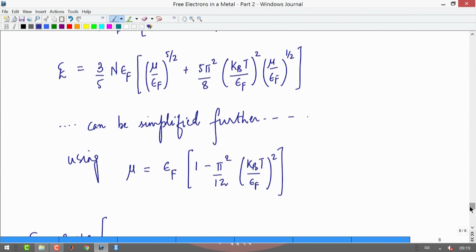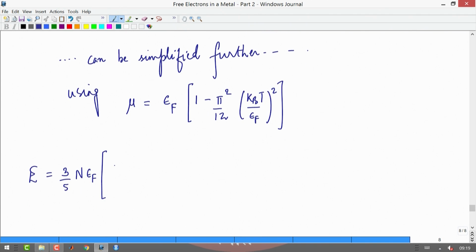This was the prefactor outside. Mu over EF to the power 5/2 is just 1 minus pi square by 12 into kT over Fermi energy to the power 2 raised to 5/2.